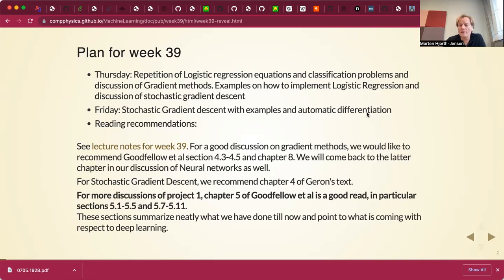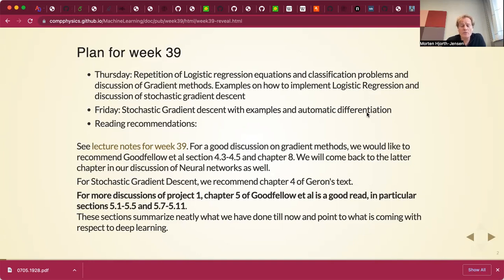On Friday, we're going to continue with this discussion, and we're also going to look at an algorithm called automatic differentiation, which is one of the really great algorithms. This is normally translated into software like autograd, as it's called in Python, and lately into what is called JAX, which we will discuss a little bit tomorrow.